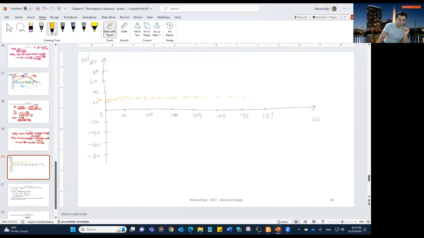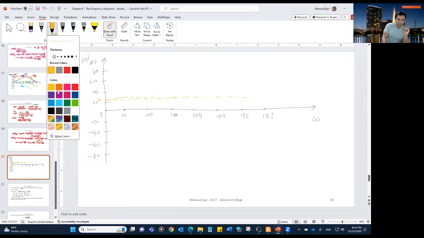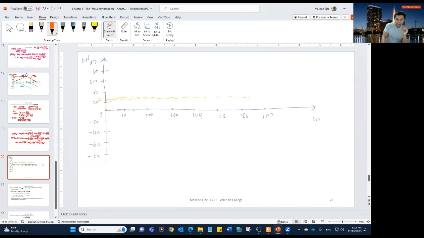The second I have is going to 1,000, and then it's going to increase 20 decibel per decade. So let's say up to 1,000 is 0. Then it's going to increase 20 decibel per decade. So 10,000 is going to be 20.